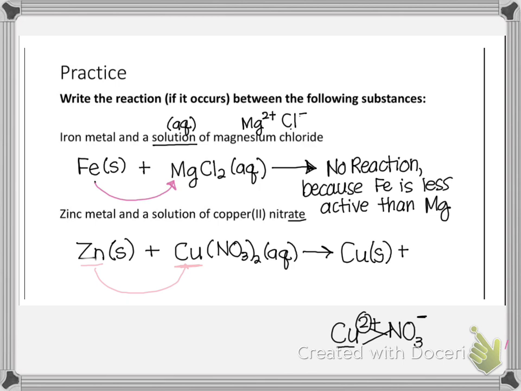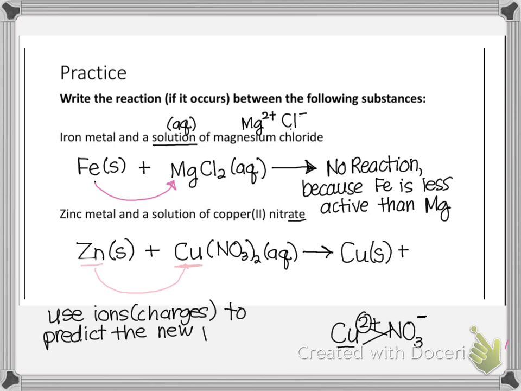So you use the charges to predict the new products. So I know I'm going to have zinc now, and zinc is always a 2+. And I'm going to put it together with nitrate, which is an NO3 negative. And so that's going to take 1 zinc and 2 nitrates.